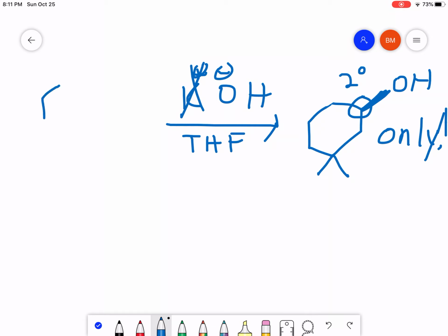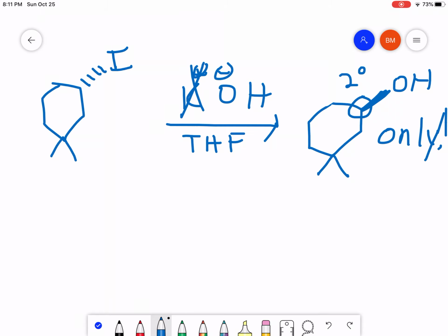Now, you want to think about this. Why do we only get one stereoisomer with SN2 reactions? The reason is, if you remember, we always get complete inversion of configuration because we always get backside attack. That means your leaving group, in this case we'll use iodide, should specifically be on a dash, right?